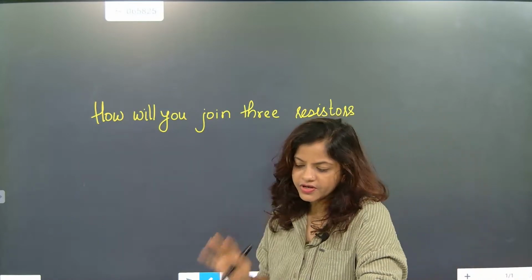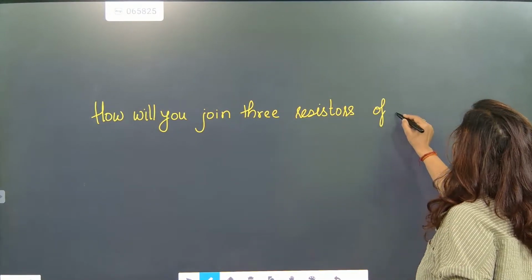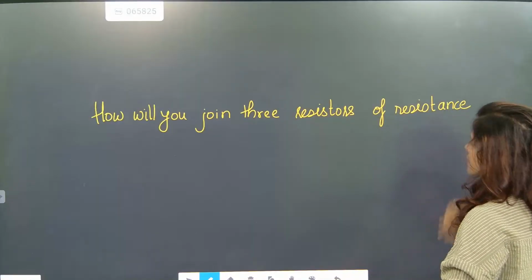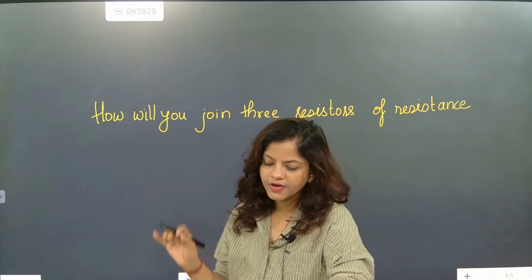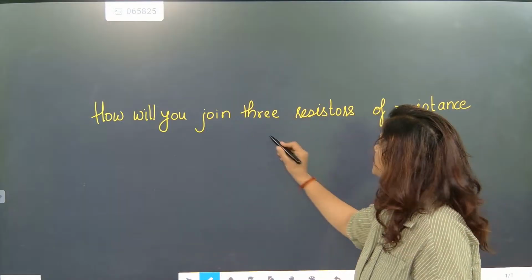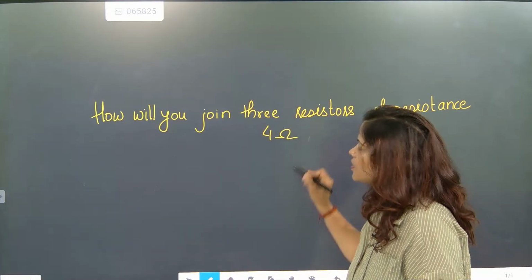So you have to join three resistors of resistance 4 ohm. Come on, start solving the question.